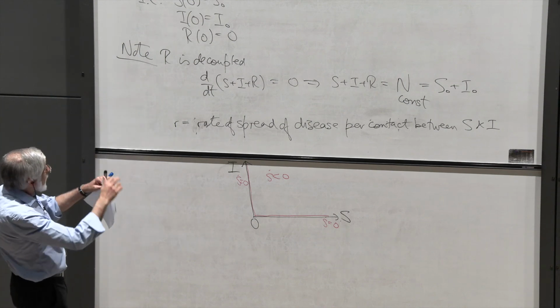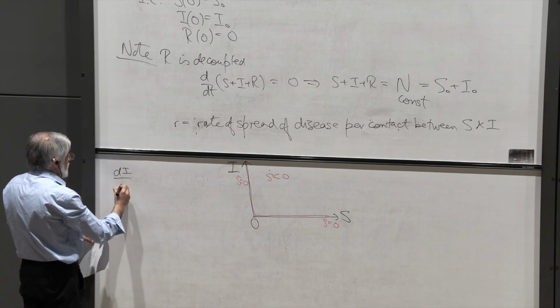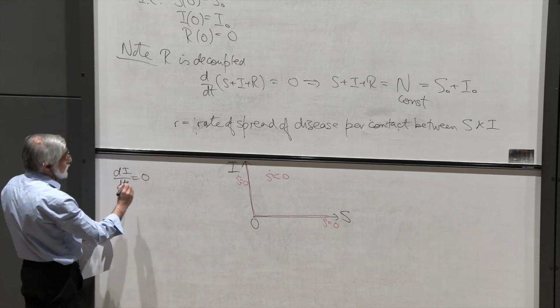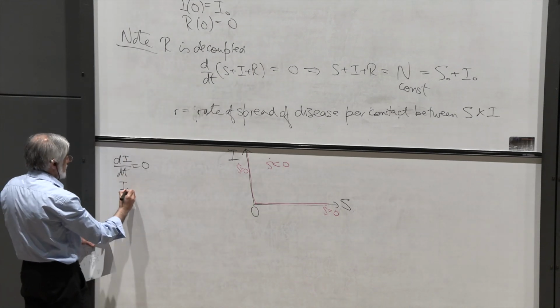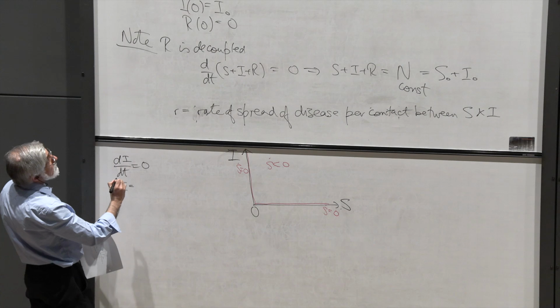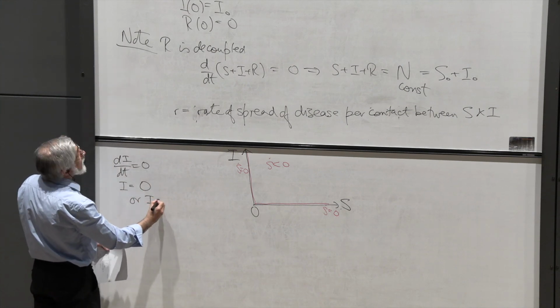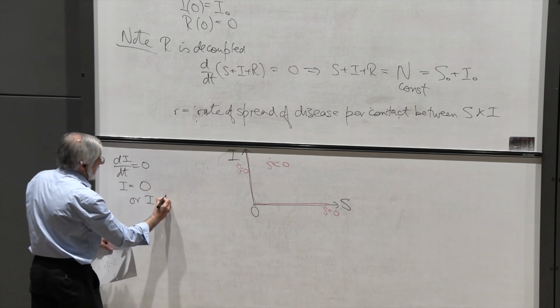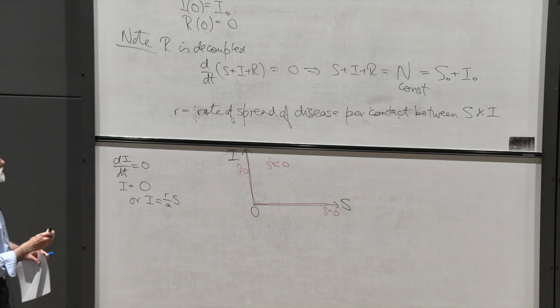And then we're going to have dI by dt equals 0. That gives us I equals 0, or I equals r over a times S.